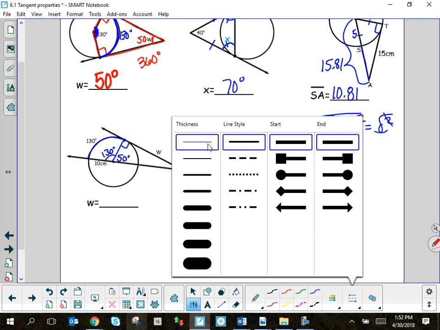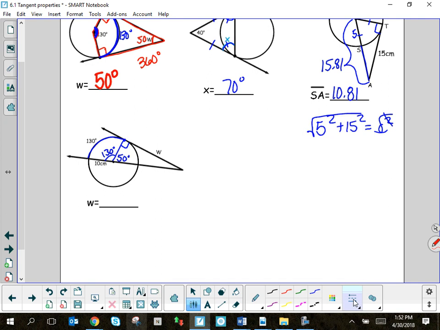And then you want to use the 10 to help you out. This is 10 right here, that radius, because all radii are the same. So now focusing on that, we're going to use tangent because I know this is opposite and that's adjacent. So tangent of 50 degrees equals opposite over adjacent.